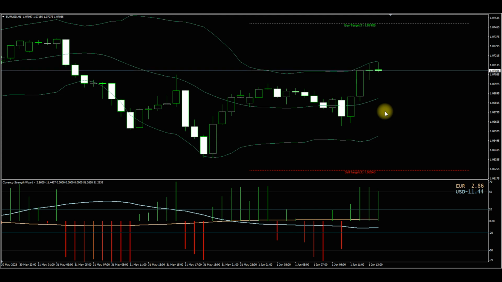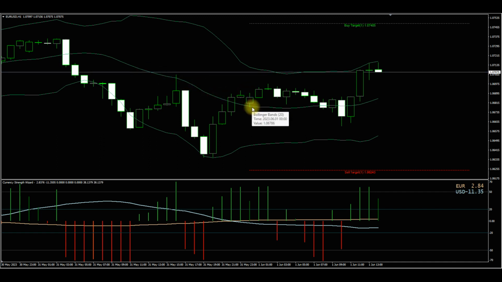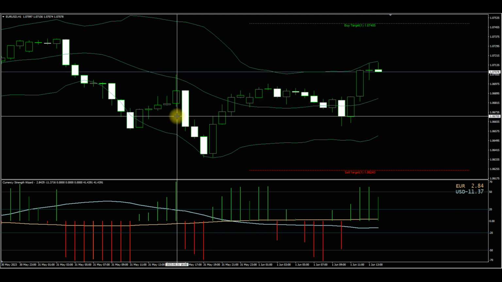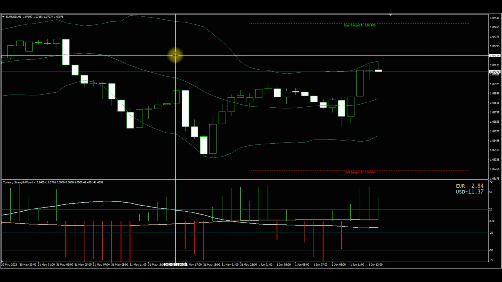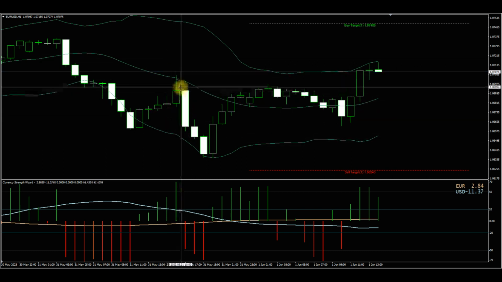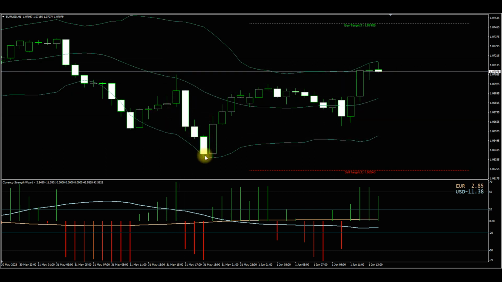For example, like in this situation, there was a sell trend, and as you can see, this middle line can work like support or resistance depending on the trade direction. And in this case, when we got this long green bar, we could enter the market with a new sell trade, and exit the market when the price got to the lower Bollinger Band line.